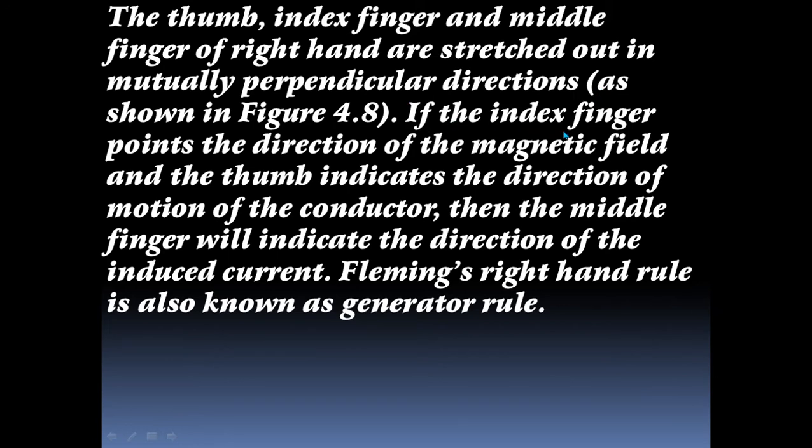If the index finger points in the direction of the magnetic field and the thumb indicates the direction of motion of the conductor, then the middle finger will indicate the direction of the induced current. Fleming's right-hand rule is also known as the generator rule. Please note it down.